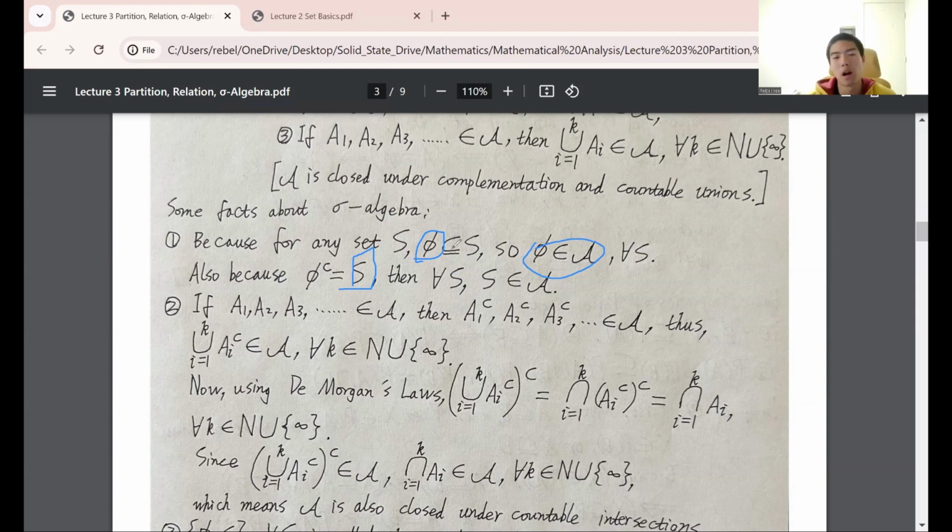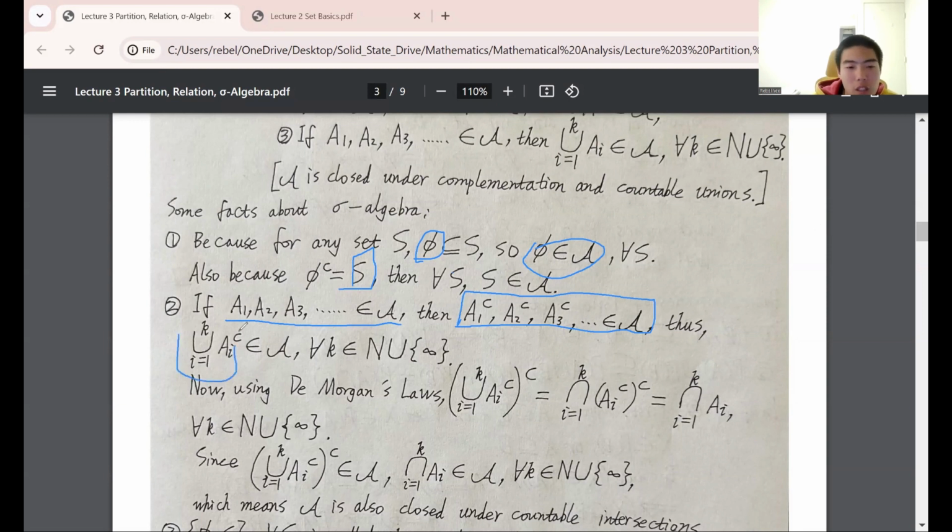And combining fact 2 and 3 will be very interesting. First of all, if there's a list like A1, A2, A3 belonging to the sigma algebra, then A1's complement, A2's complement, and A3's complement also belong to the sigma algebra, right? This is from fact 2 above.